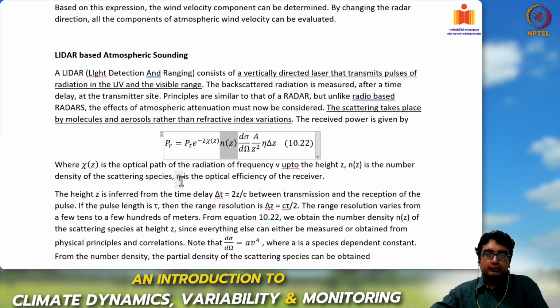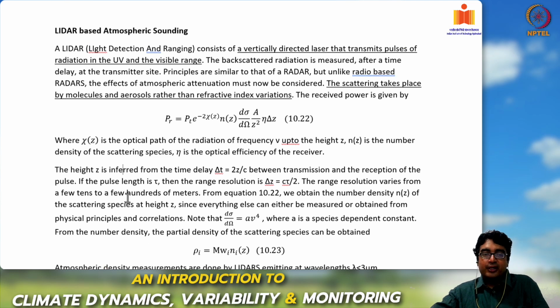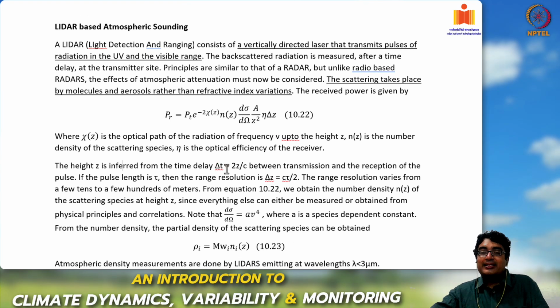Alright. So the height z is inferred from the time delay delta t equal to 2z by c. So just looking at the time delay between the transmission and receival of the frequency of the radiation, we can find the time delay between transmission and reception of the pulse.